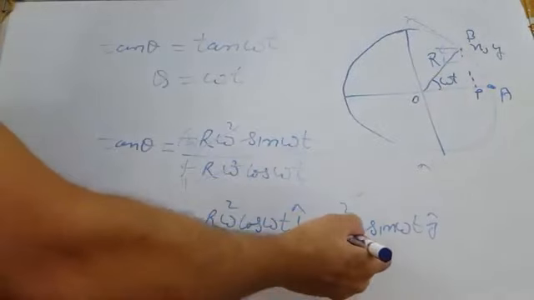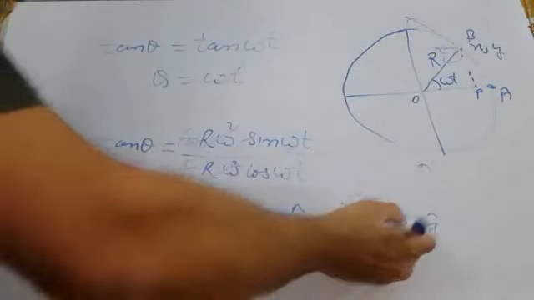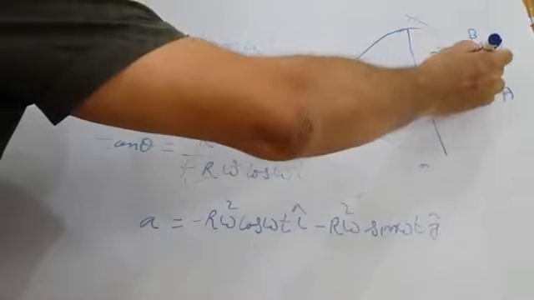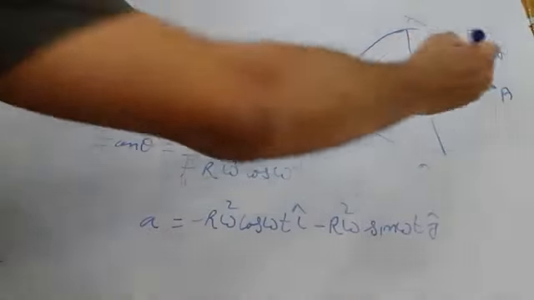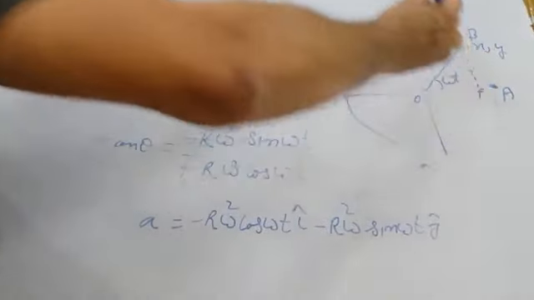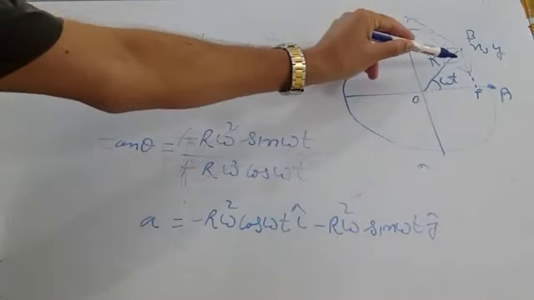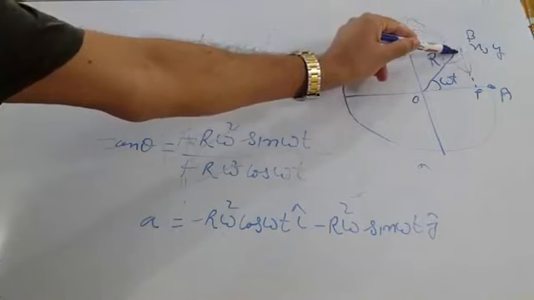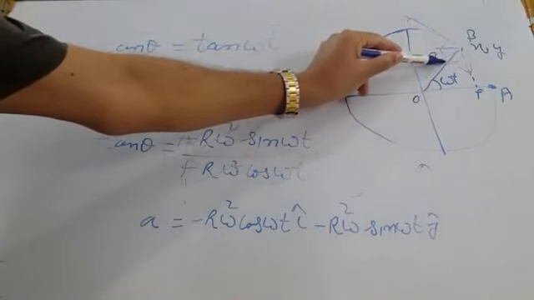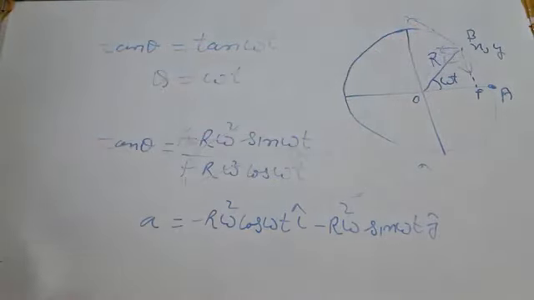Y component is also negative, minus r omega square sin omega t. So that will be in this direction. So resultant will be in this direction. This is x component of acceleration. This is y component of the acceleration. So resultant will be somewhere in between. So that will be direction. So acceleration will be towards the center of the circle, exactly towards the center of the circle.